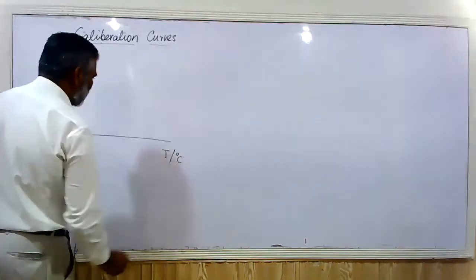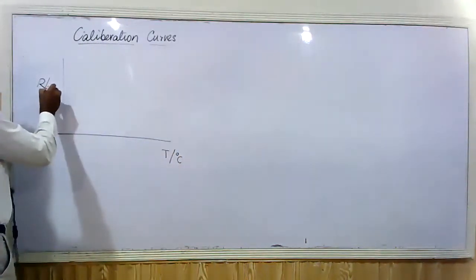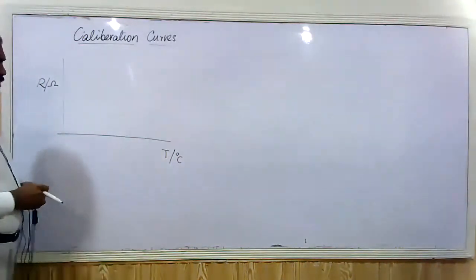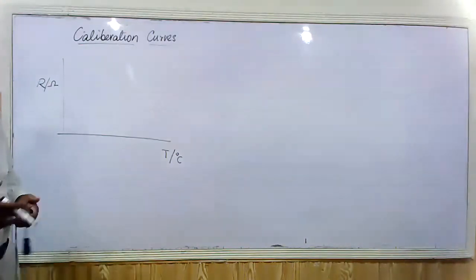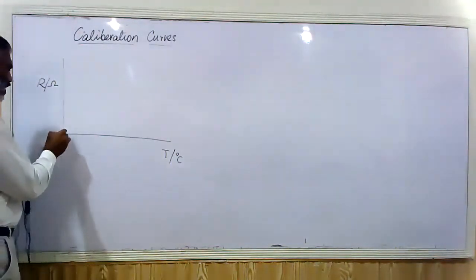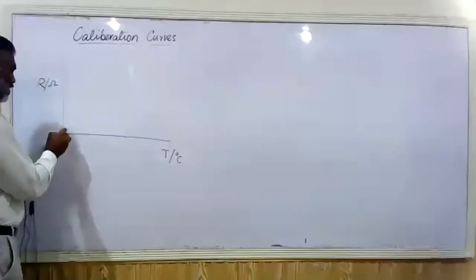Suppose with degree Celsius, this resistance in ohms is studied, and we find that for a certain material, because materials behave in different ways, the resistance with temperature increases in this manner.